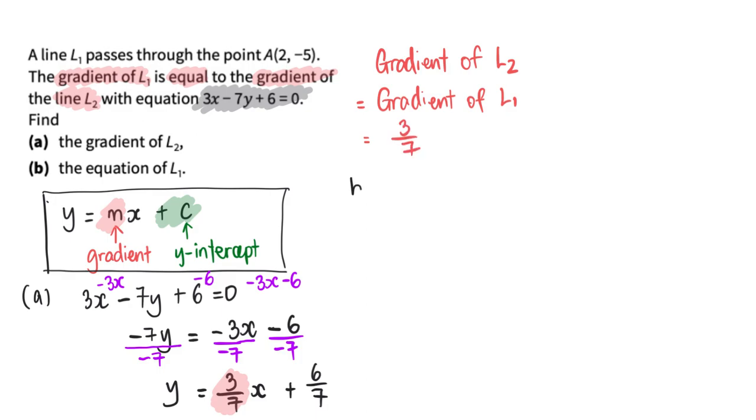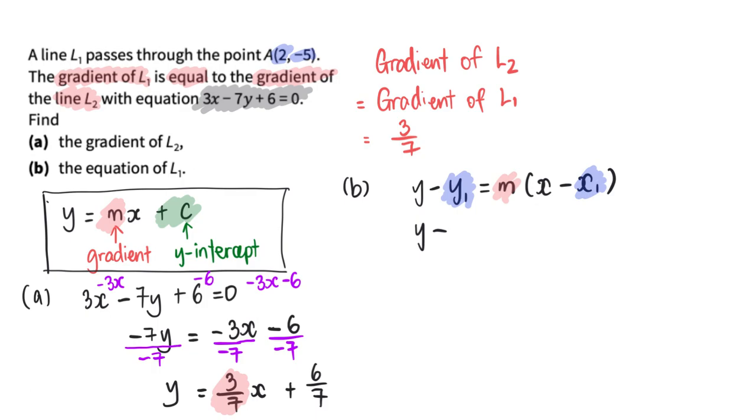And for part B, since I know the gradient and one of the points, all I have to do is substitute into this general equation for the equation of a line, where I would then have my x1, y1. x1, y1 is the value here, and my gradient here.